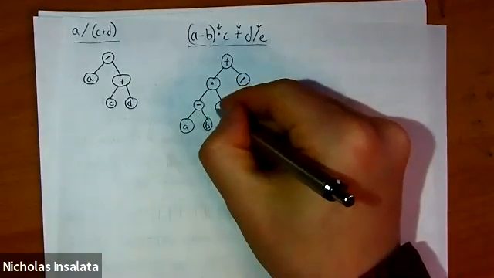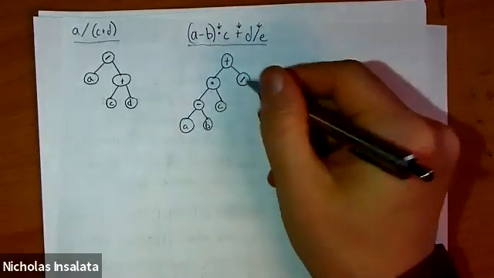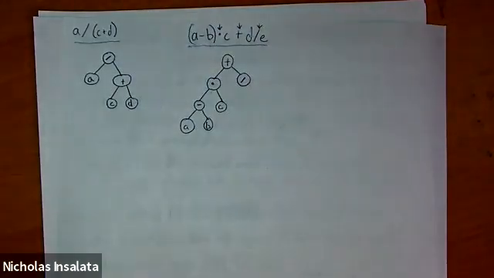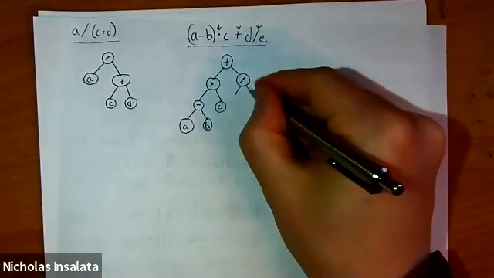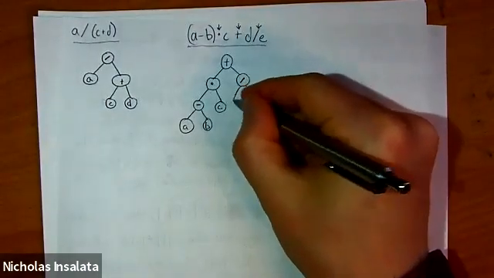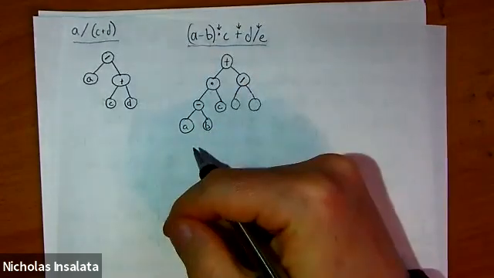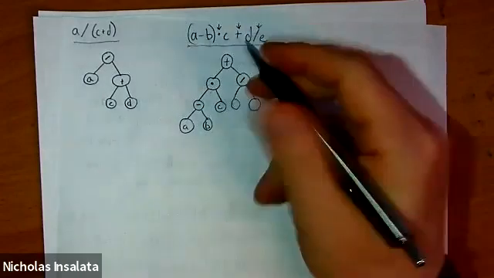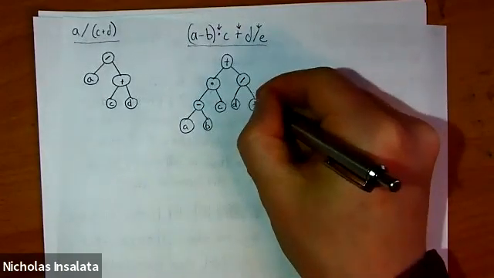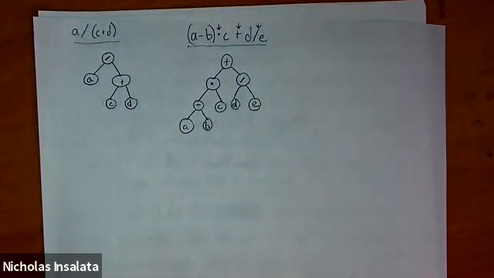C, very good. And how about the children of the divides? What are they going to be? D and E. Very nice. Does everyone see how that works? Any questions?